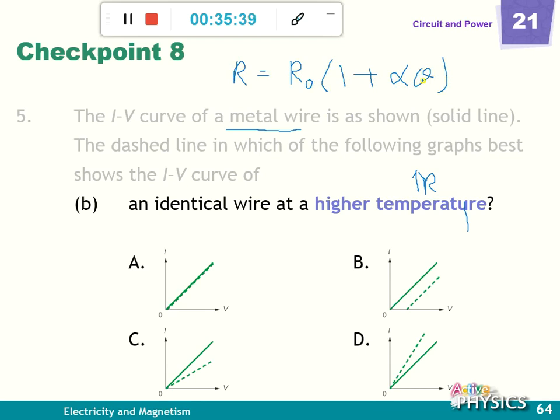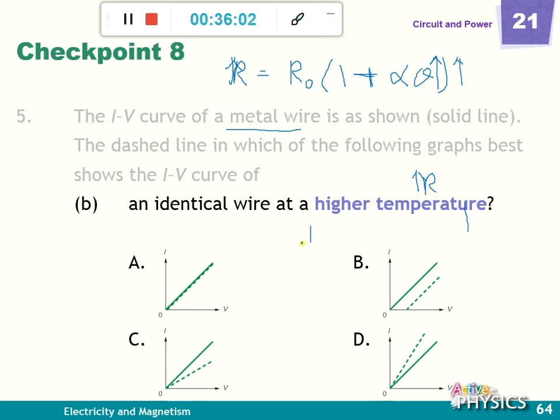Theta means the temperature. Alpha will be the proportional constant. You can see that it is on the positive side. It means that when you increase the temperature, the whole bracket will increase, so R will increase. This tells you that if this is metal, it will follow this equation. Now, higher in temperature, R will be increased.